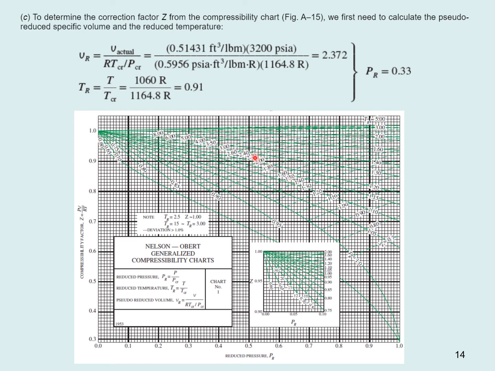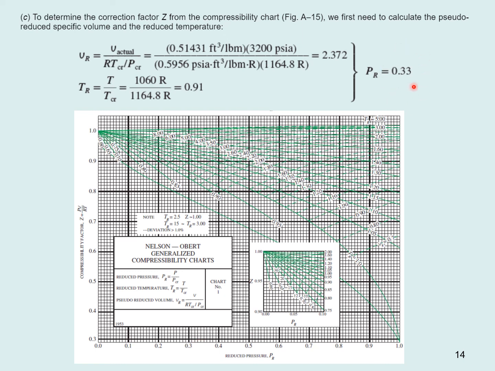So you get about 2.3, so right here is about 2.4. We follow this down until we run into the reduced temperature of 0.91, which is about right in there. Then we come all the way down and read off what the reduced pressure is. These are 10 increments here, so this is about 0.32 is what I would say.